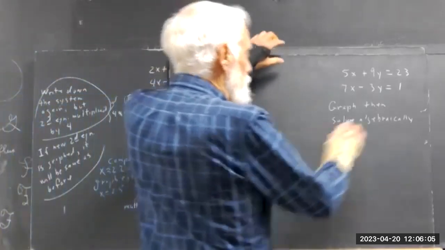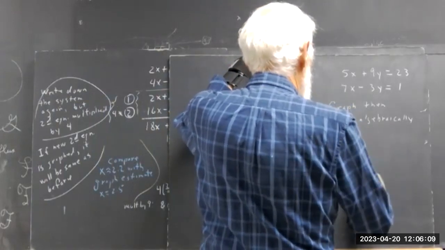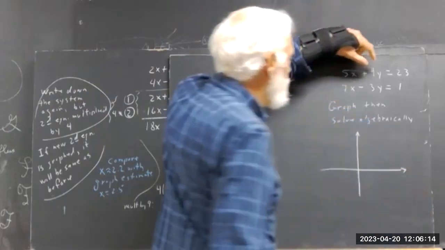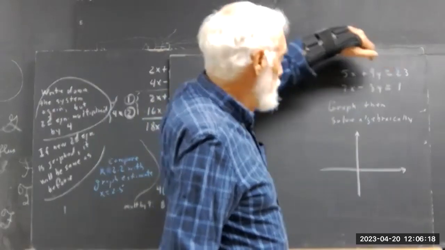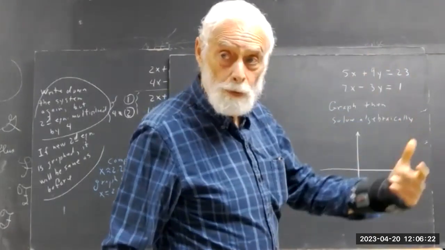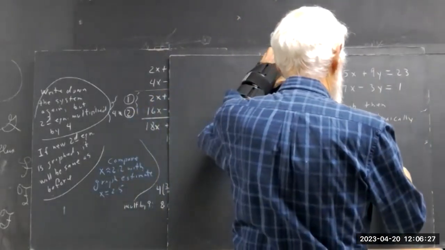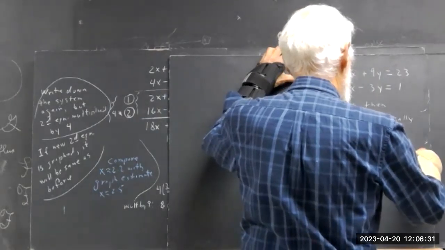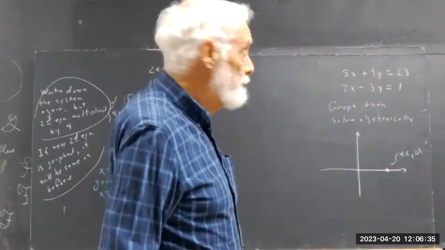Okay, so graphing. If y equals 0, then 5x equals 23, so x would be 23/5, which would be like 4 3/5, 4.6. So we would have point 4.6, 0 on the first graph.